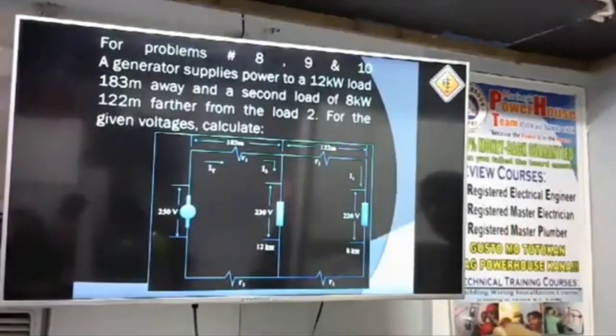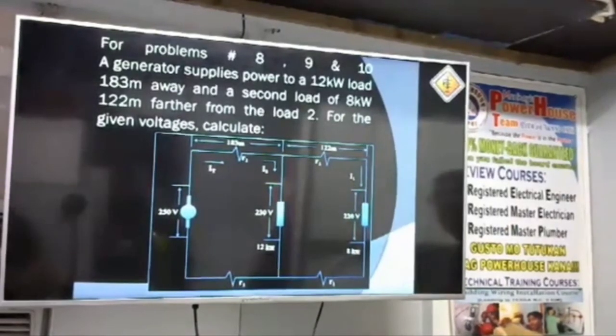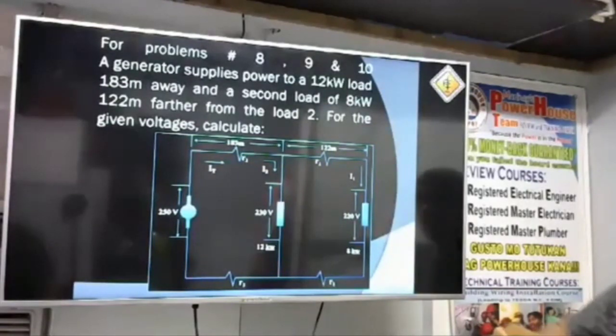So take a look here at what is given for our load 1. This is our R1 and this is our R2. That load is the 8 kilowatts.